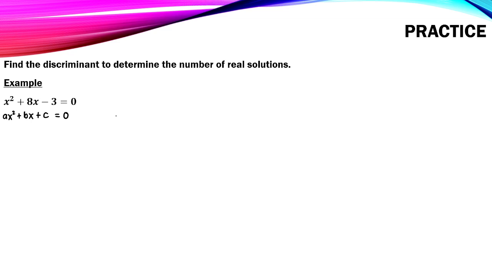And now we could see that our a is 1, right? There's an invisible 1 in front. Our b is going to be 8, and our c is negative 3. And now once we know these, let's just plug it in our discriminant, see if it's positive, 0, or negative, and that's going to tell us how many real solutions we have.